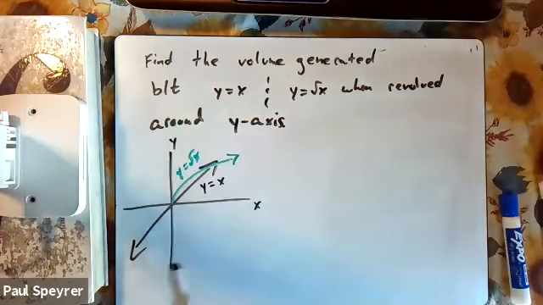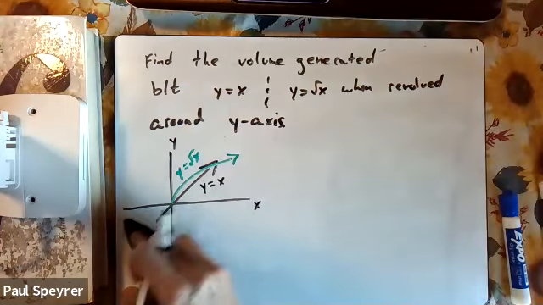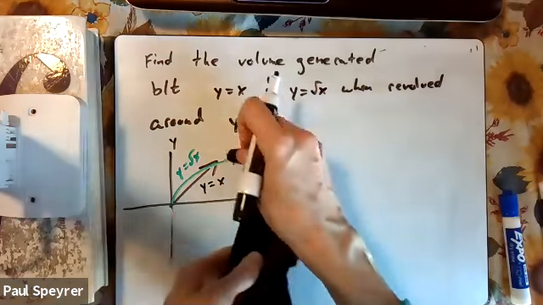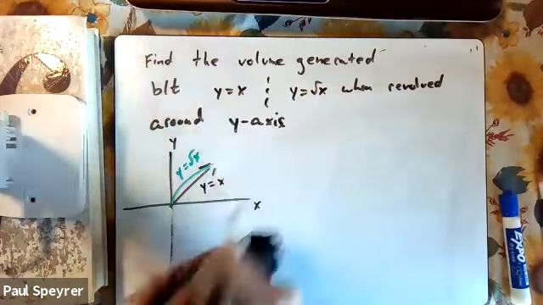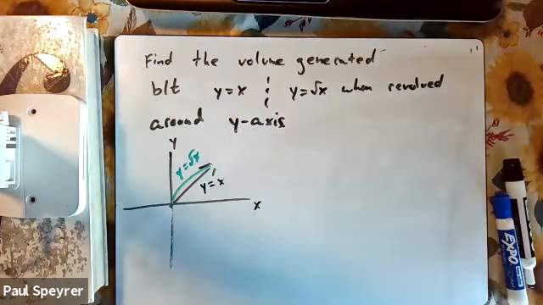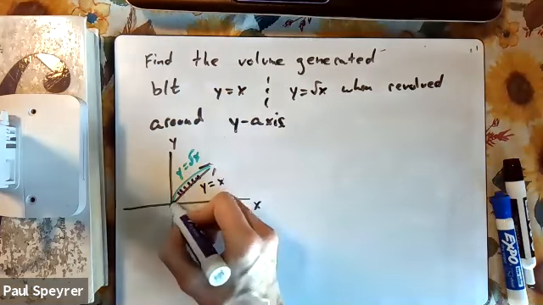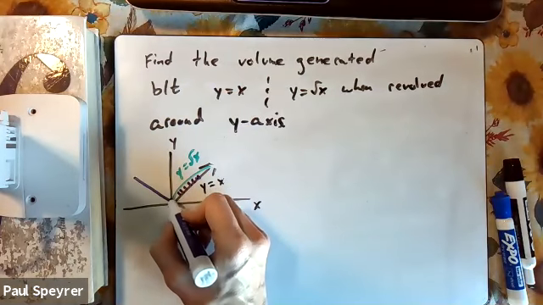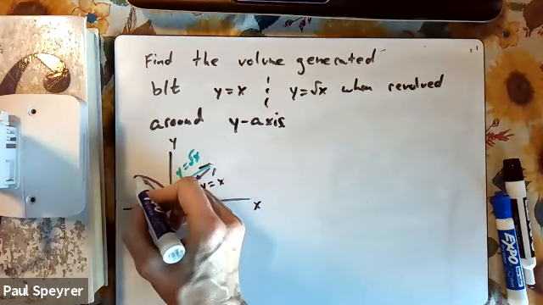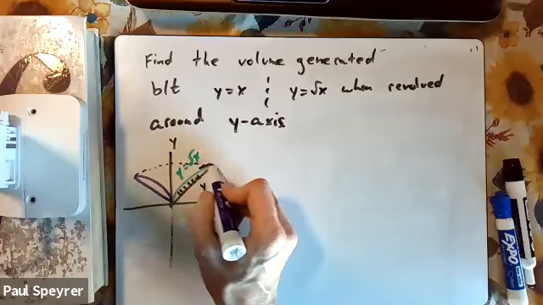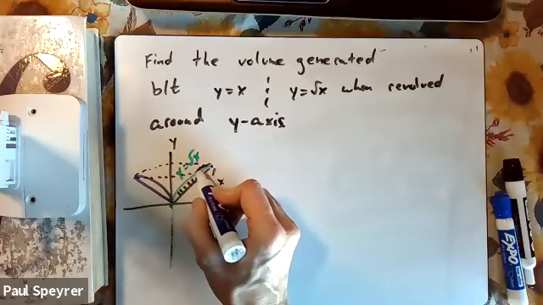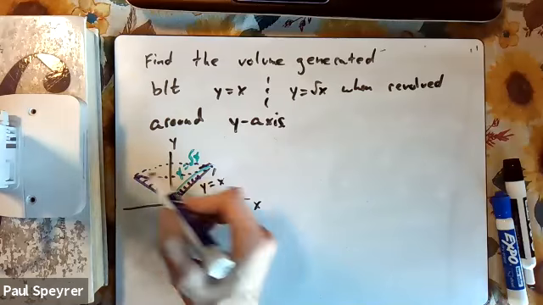So if we were to take the region that was enclosed, right here, it's basically this stuff. So we're trying to find this, right? If we were to take it and rotate it about the y-axis. So something like that, right?